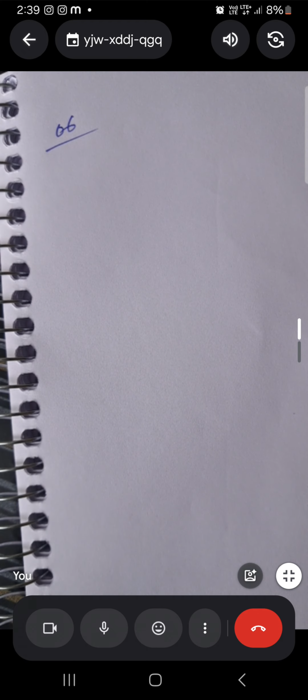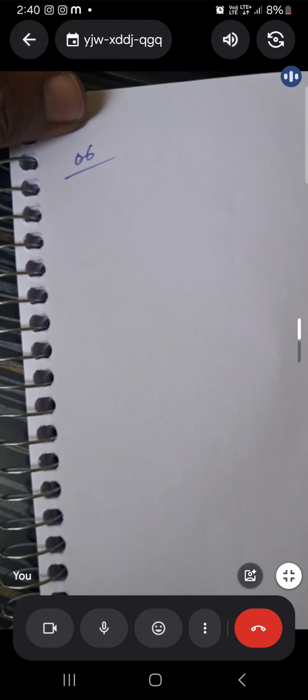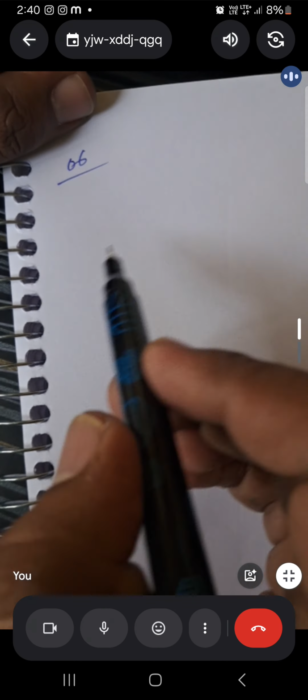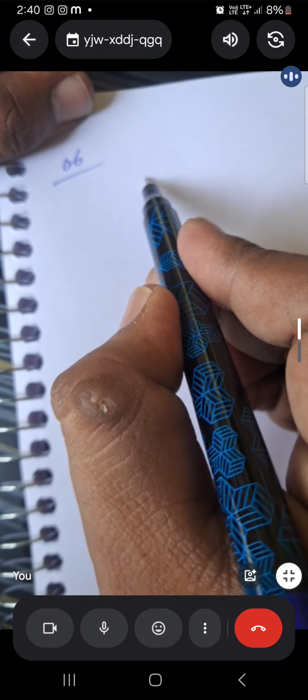Okay, next question, the one with a solid sphere. Given in question number 6, one solid sphere is there.